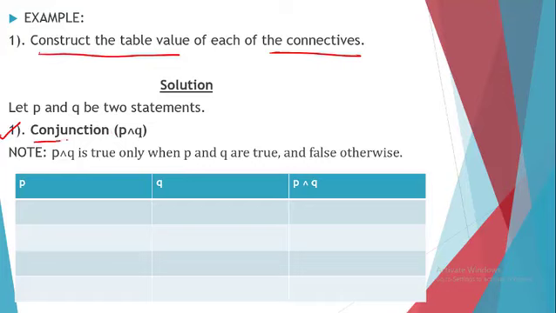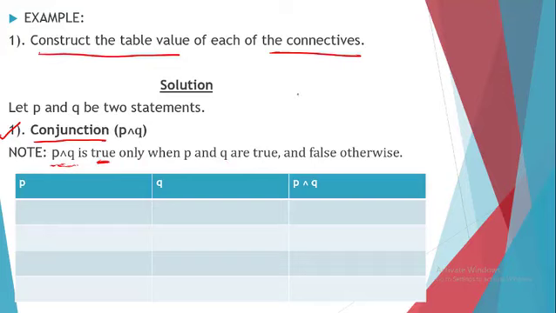The first thing you need to note in this conjunction is that P and Q is true only when P and Q are true. Let me say that again. P intersection Q, or P conjunction Q, is true only when P and Q are true and false otherwise.